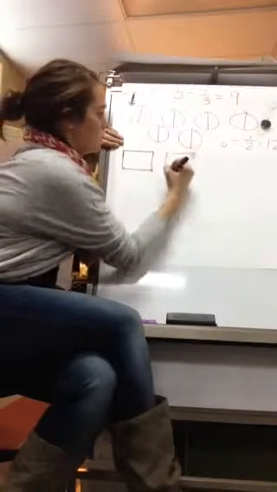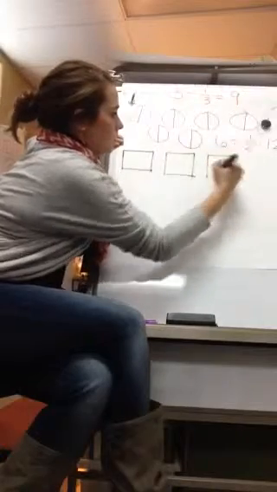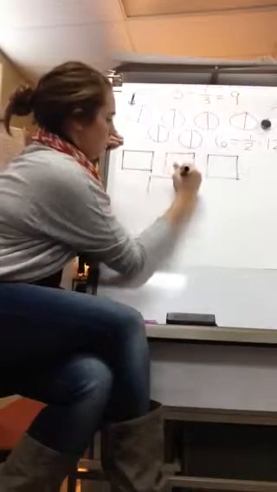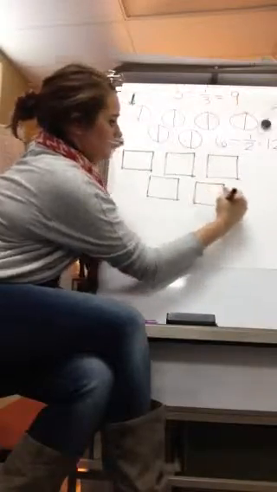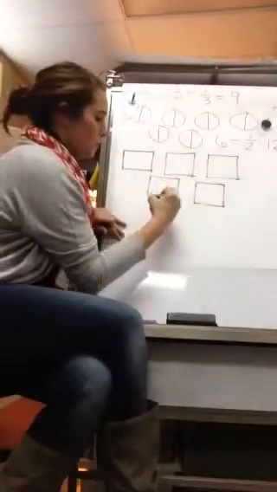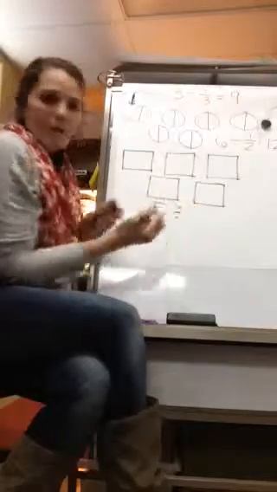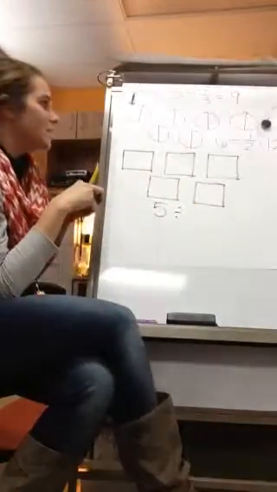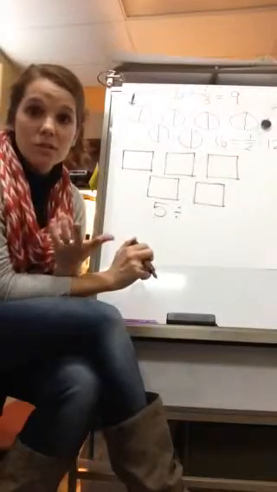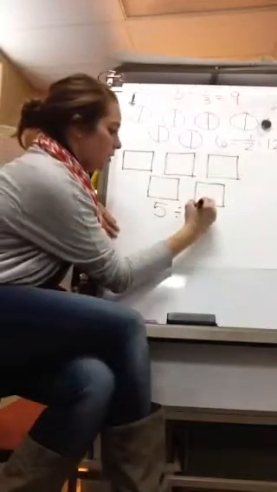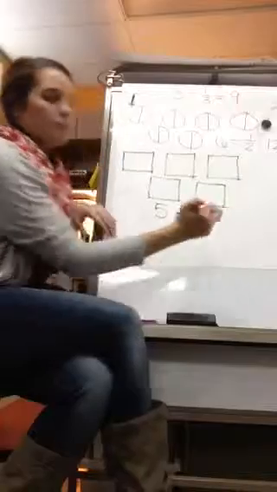Maybe it's a square pan. 2, 3, 4, 5 pans of brownies. So my problem is 5 divided by. Let's cut these into fourths. Let's divide each one into a fourth. So 5 divided by 1/4.